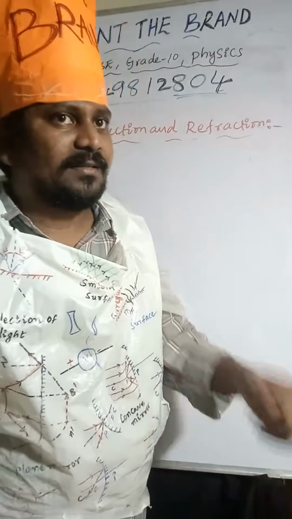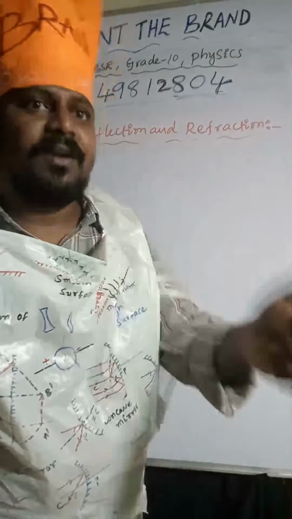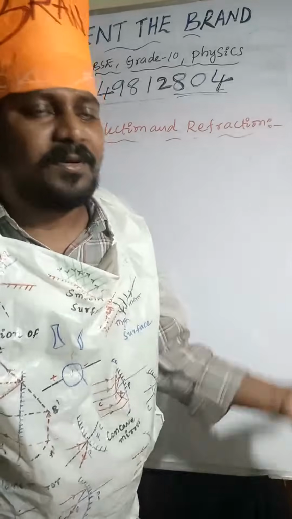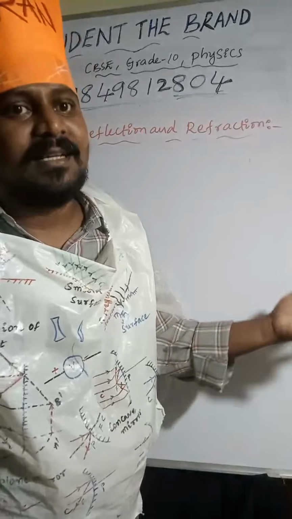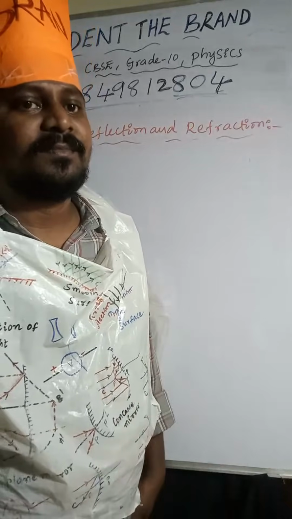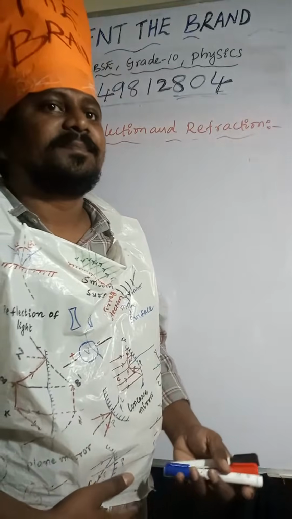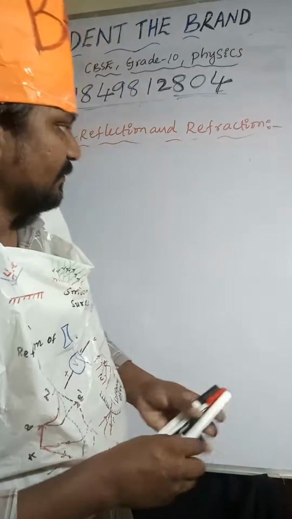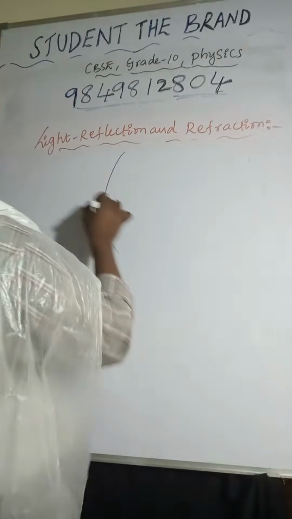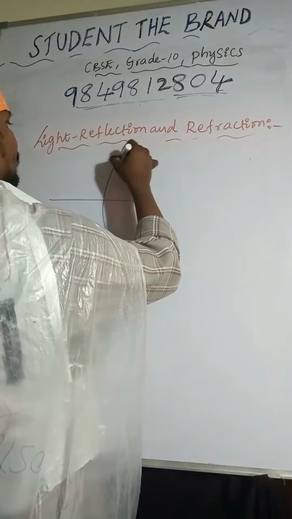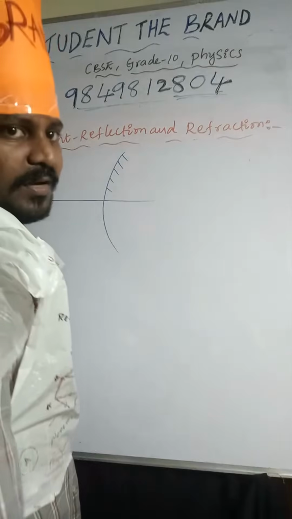Thank you so much, Ravi sir. I will definitely take it as a positive suggestion and accept it. So next one, convex mirror. I'm taking it like this. So ray rules completed, image formations we will discuss.